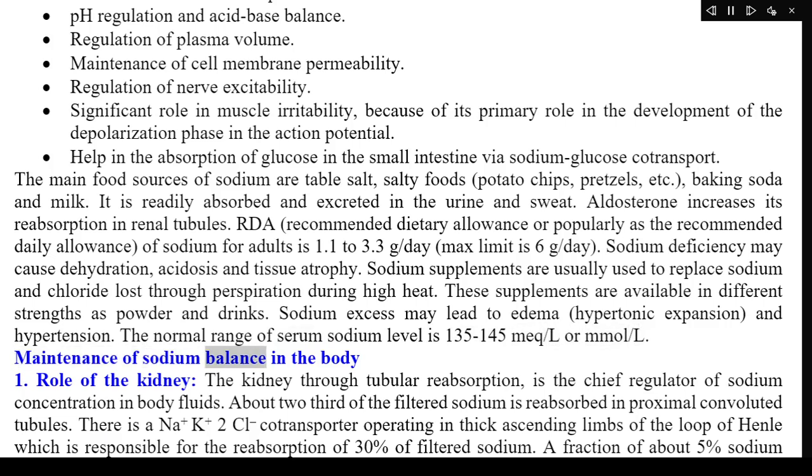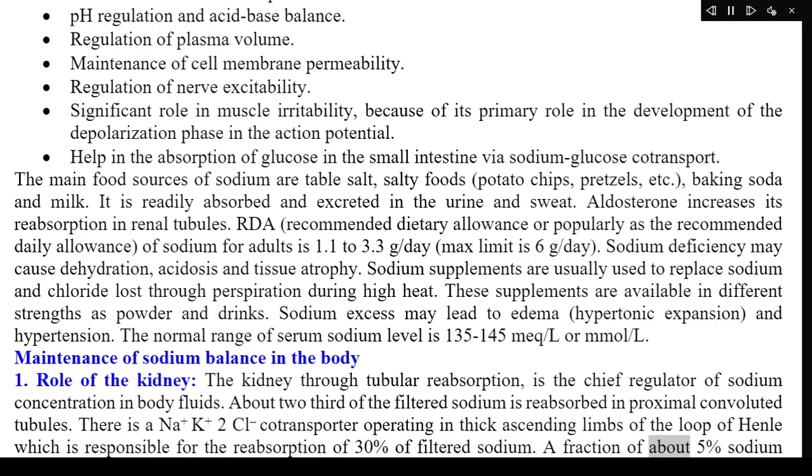Maintenance of sodium balance in the body. The kidney, through tubular reabsorption, is the chief regulator of sodium concentration in body fluids. About 2/3 of the filtered sodium is reabsorbed in proximal convoluted tubules. There is a Na+ K+ 2Cl- cotransporter operating in thick ascending limbs of the loop of Henle, which is responsible for the reabsorption of 30% of filtered sodium.